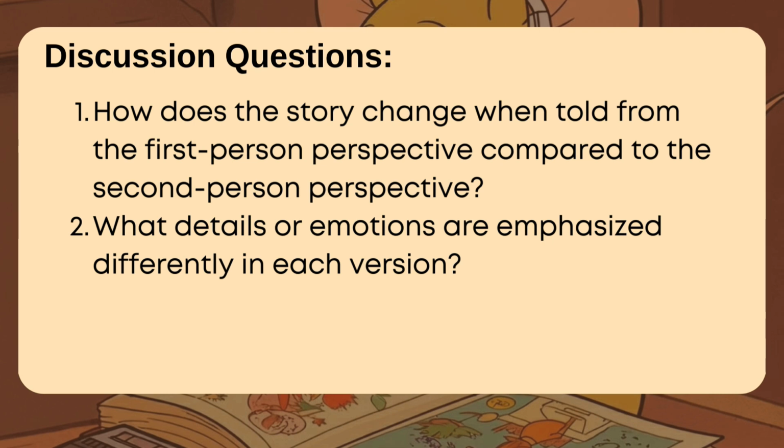While the second person version highlights actions and decisions made by you, which can create a more active involvement in the story. So, the emotional nuances may be less pronounced since it focuses on the reader's experience rather than Jenny's inner thoughts. Okay?